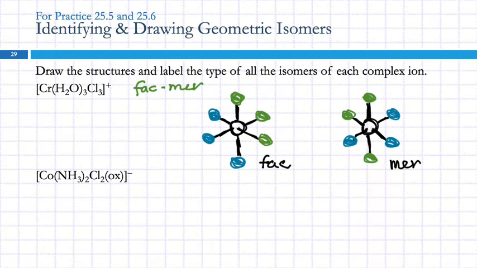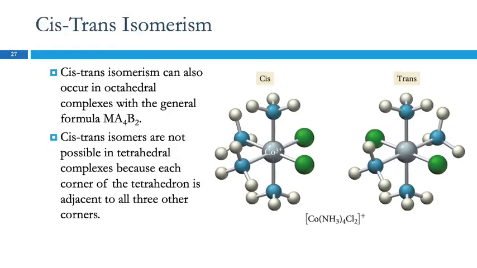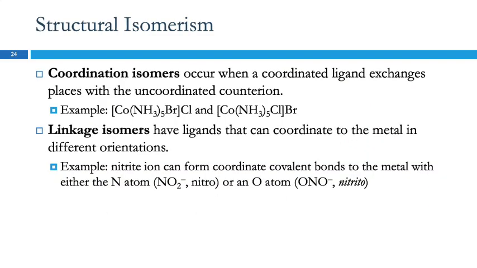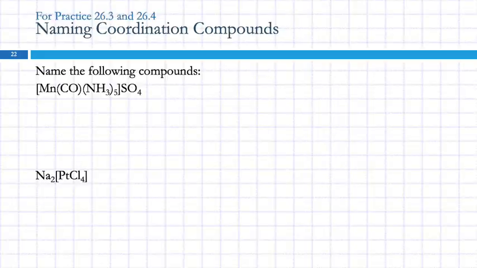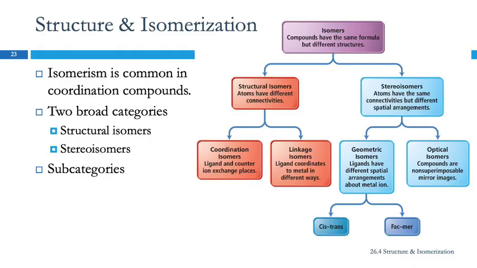Okay, so this one on the bottom here has oxalate. Let's just go back and look at the oxalate. So this is oxalate here. In the name, it becomes oxalato.